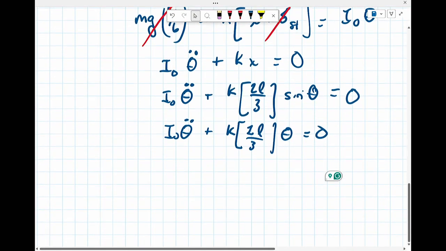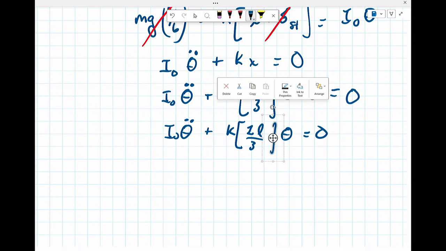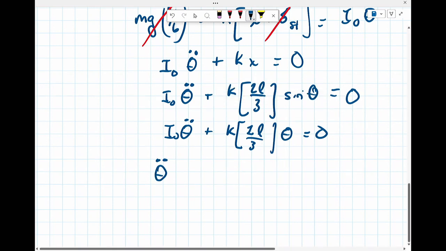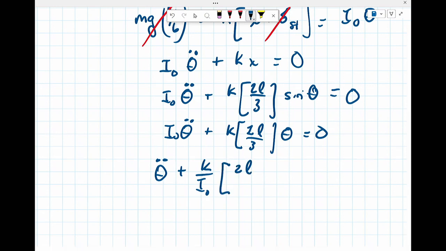So now I have this equation, which looks exactly like the equation I had last week. I have theta double dot plus k over I naught times 2L over 3 theta is equal to 0.